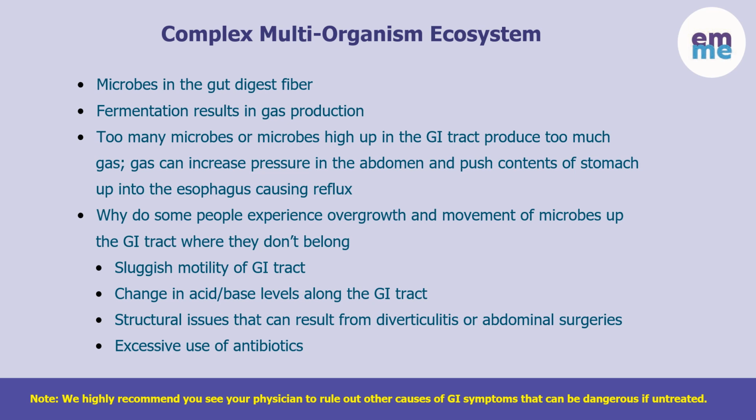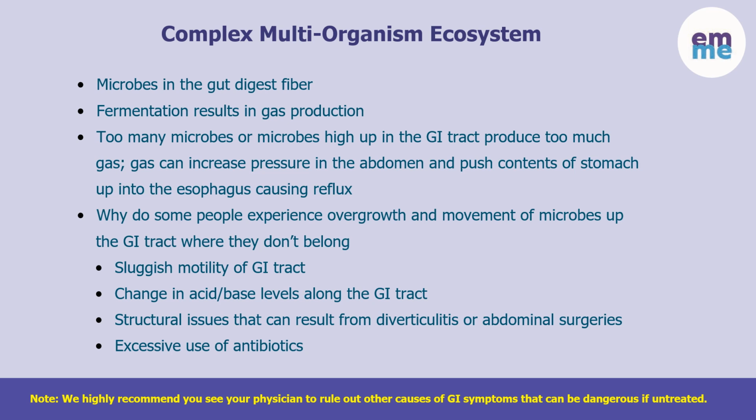Forward flow is important because it prevents backward movement. So if we have appropriate flow through the GI tract towards the large intestine and the colon, it's harder for microbes to creep upwards.